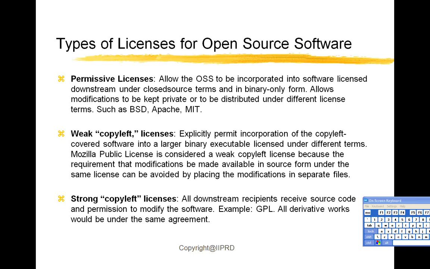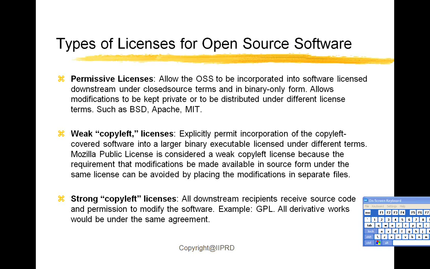What is the level of copyright work that we can include and take onus of? Can we further license commercially the products that we have built on open source software or not? These are all things that get governed by these 3 types of licenses. The first is a permissive license.